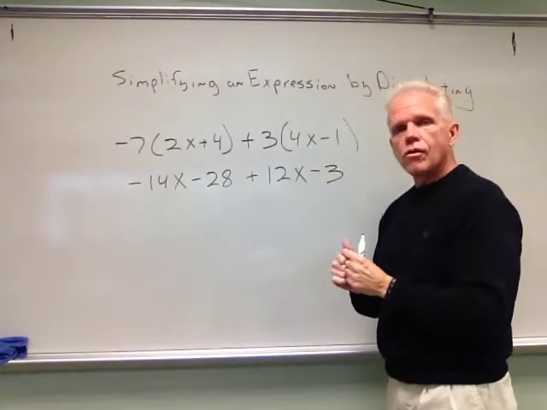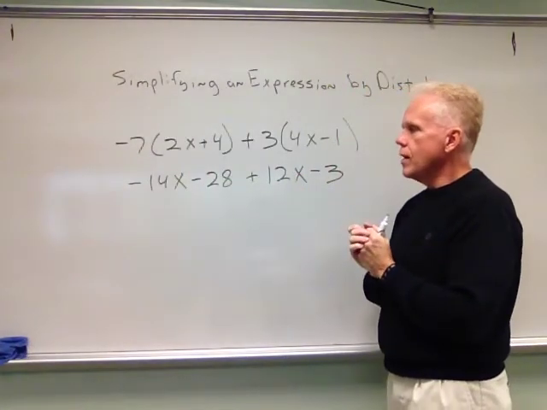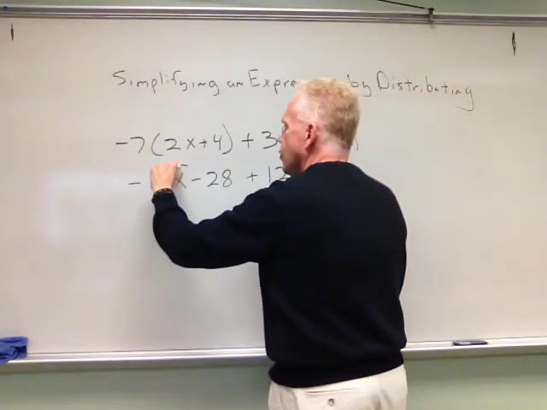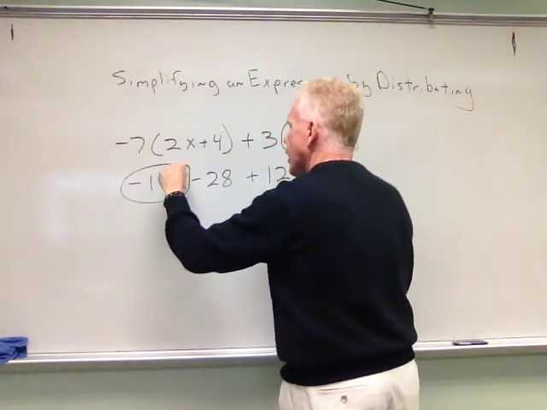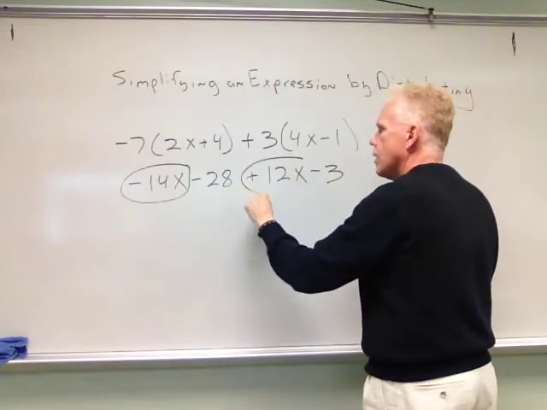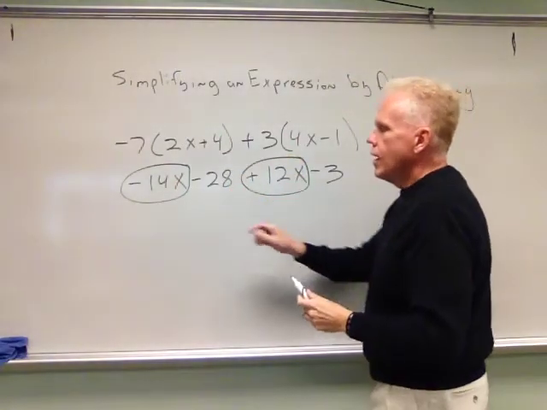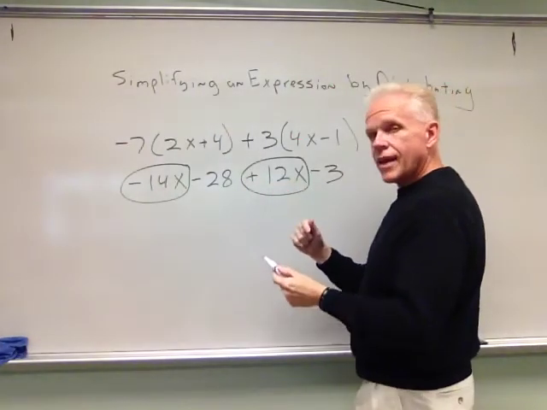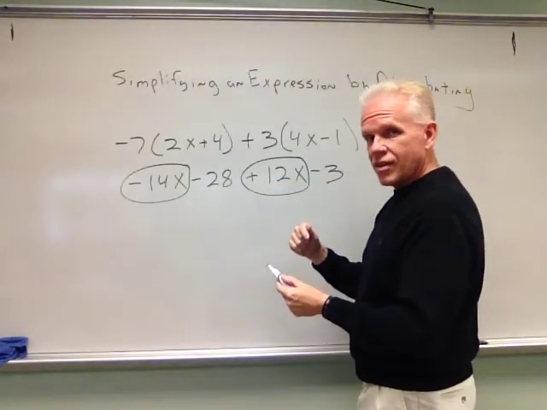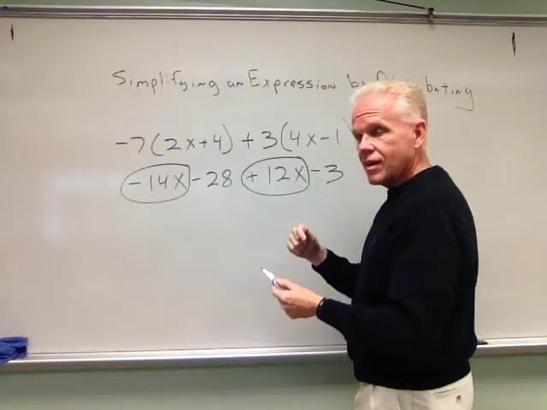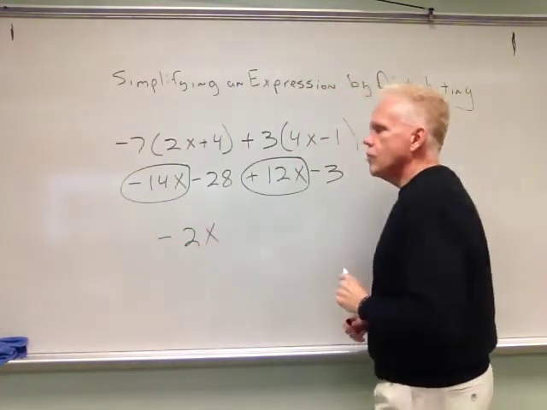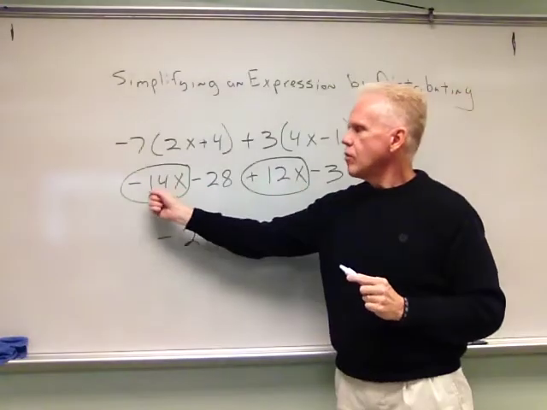Now our next step is going to use like terms. We've got some like terms here we're going to go ahead and combine together. These x's, for example, are the like terms. So if I circle up the negative 14x and I circle up the positive 12x, a negative 14 and a positive 12, what do you think that gets you? Did you get it? Maybe, how about negative 2x, okay, when I put those like terms together.